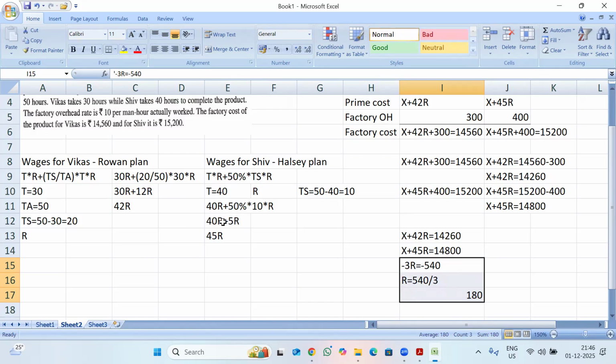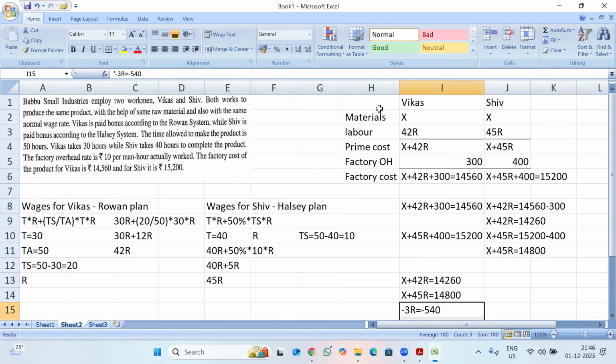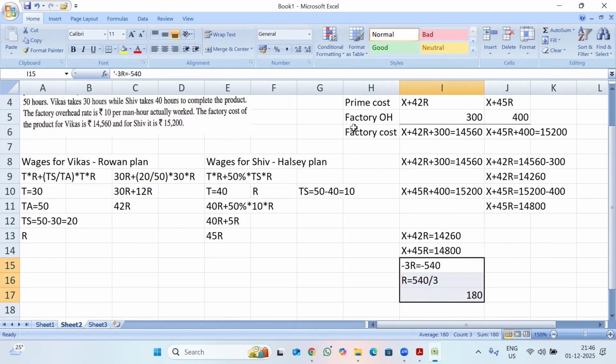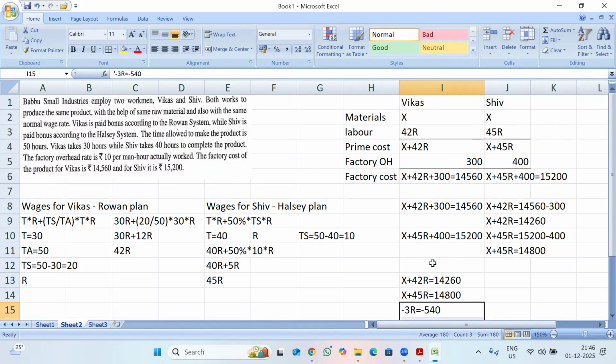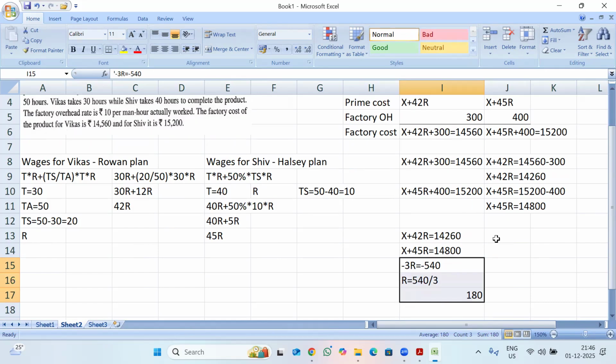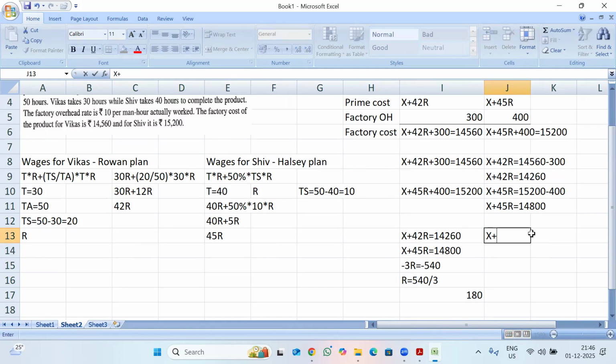Now they asked us to prepare a comparative statement. For that I need to calculate material also. So now I have calculated just R, so I will substitute R in this equation. X plus 42 into R, that is 180, is equal to 14,260. So 42 into 180, I will be getting 7,560.